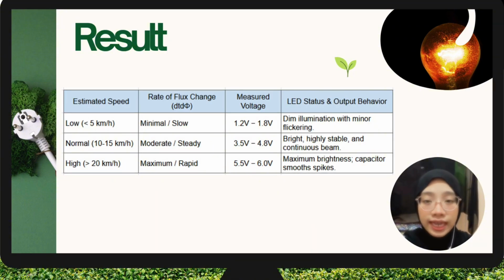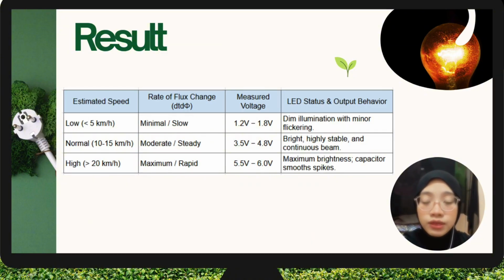Next, when moving at a normal cruising speed of 10 to 15 km per hour, the flux change becomes moderate and steady. The measured voltage rises significantly to between 3.5 and 4.8 volts, providing a bright, highly stable and continuous light beam.